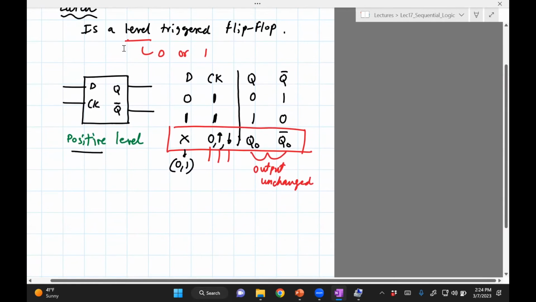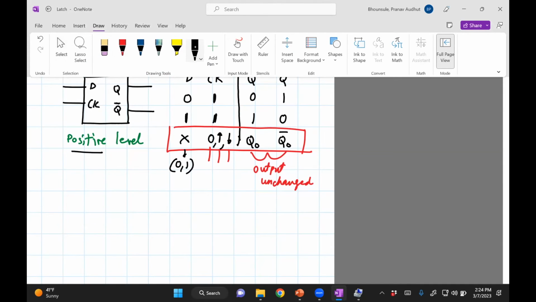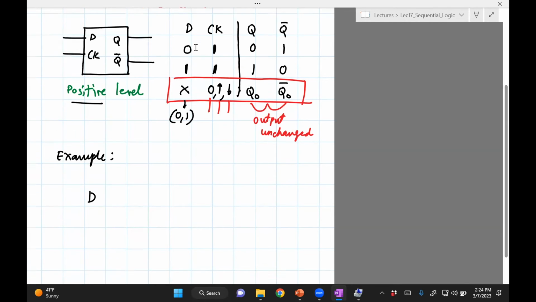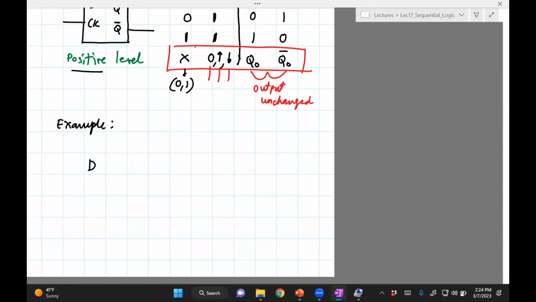So let's look at a timing diagram, just so that we understand this better. Example. Okay, here is D. Okay, so let's see, let's make it: 1, 2, down, 1, 2, up, 1, 2, down, 1, 2, up.